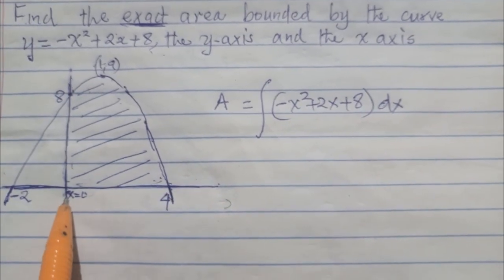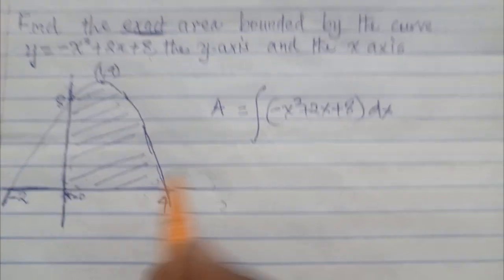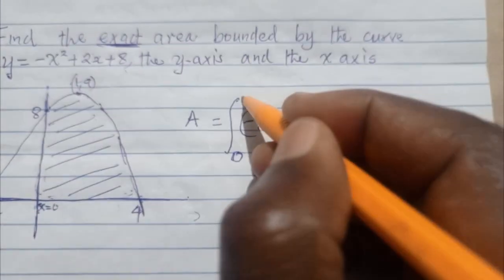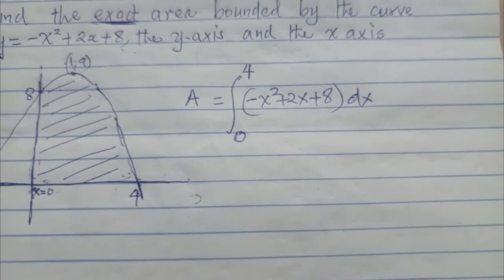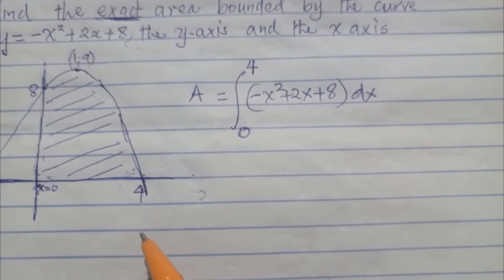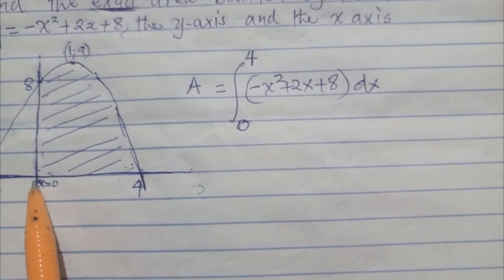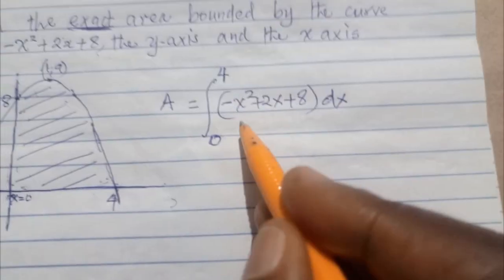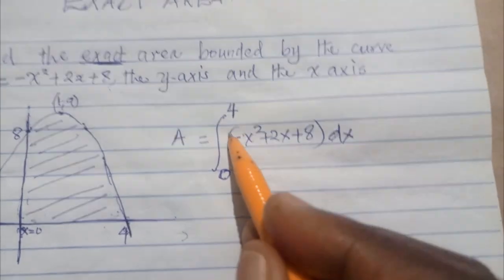So in this case, we say that the range is from 0 to 4, 0 being the lower limit. So we will have what is referred to as a definite integral, because these are definite, known limits, from x equals 0 to x equals 4. So we integrate the function with respect to dx from 0 to 4.